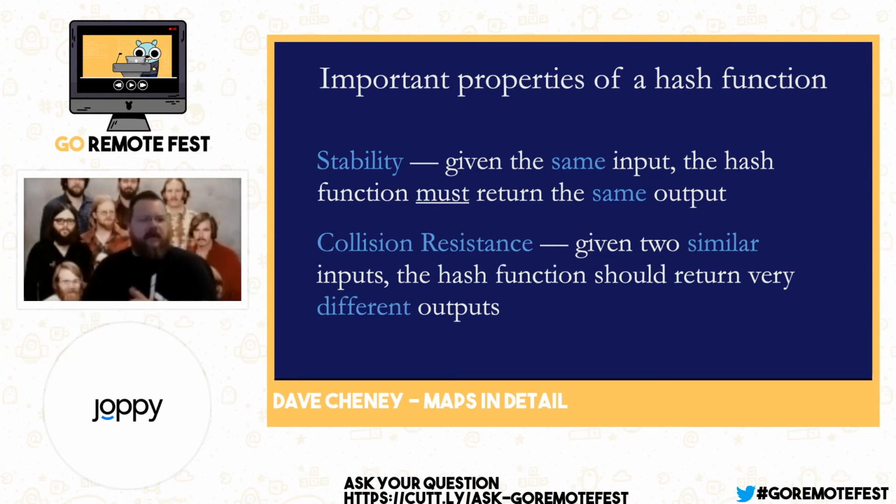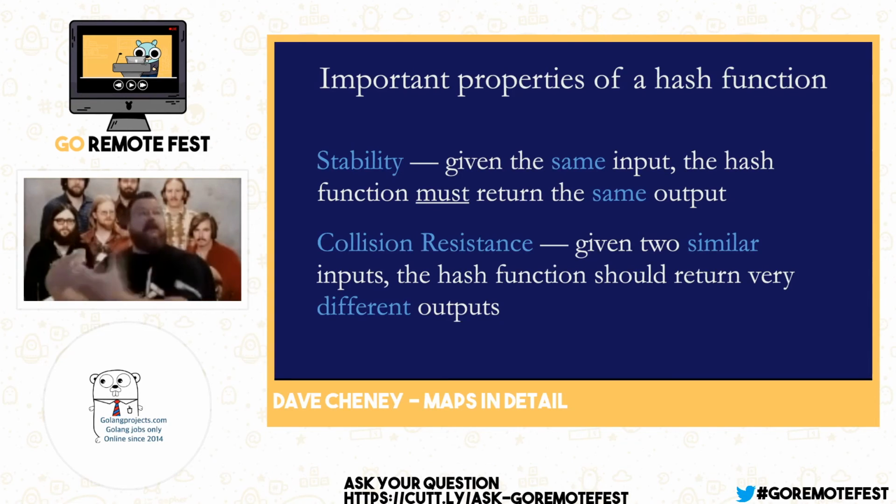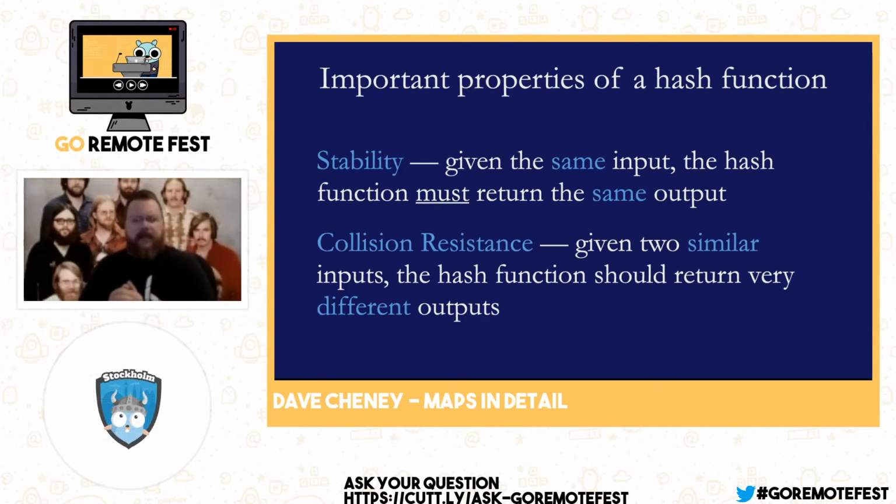We'll see in the next slide that the output of the hash function affects how the data is distributed in the map, which gives it its order 1 behavior.